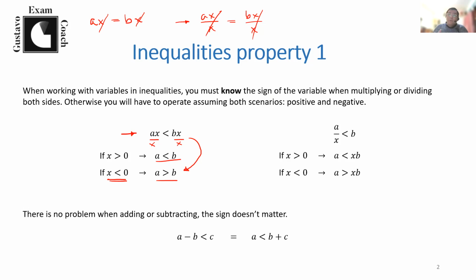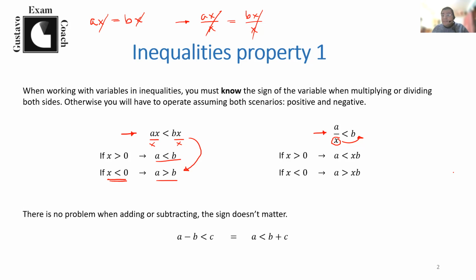Same thing happens when you multiply both sides of an inequality by the same factor. Say, for example, here, if I want to move one factor from one side of an inequality to the other, for example, x, I want to move x to the other side. Typically you say x is dividing on the left side, I will move it to the right side, multiplying the right side.